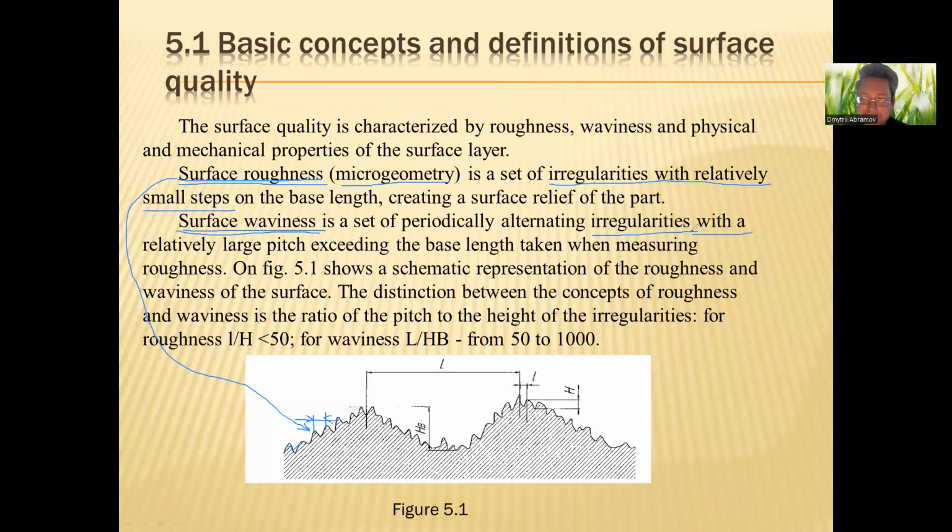It's irregularities with a relatively large pitch or steps, exceeding the base length taken when measuring. You can see irregularities with large steps. Big L, it's parameter of surface waviness. Small l, it's parameter of surface roughness.